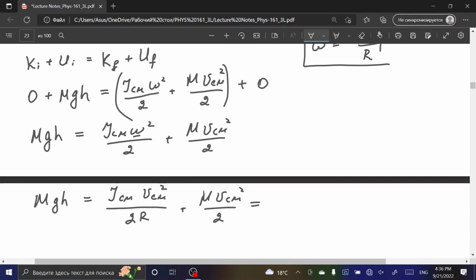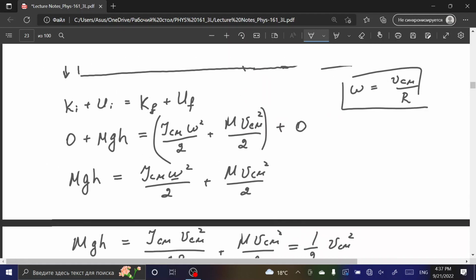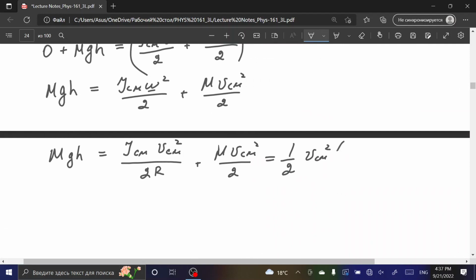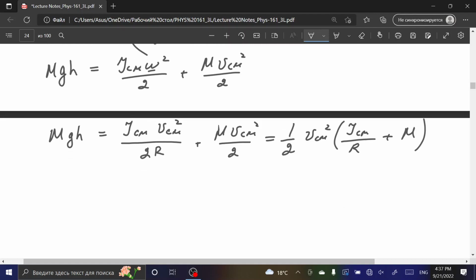So now we can take out from the parentheses 1 over 2 times v center of mass square times I center of mass divided by r square plus m. So once we have this, we can express our unknown velocity of the center of mass.